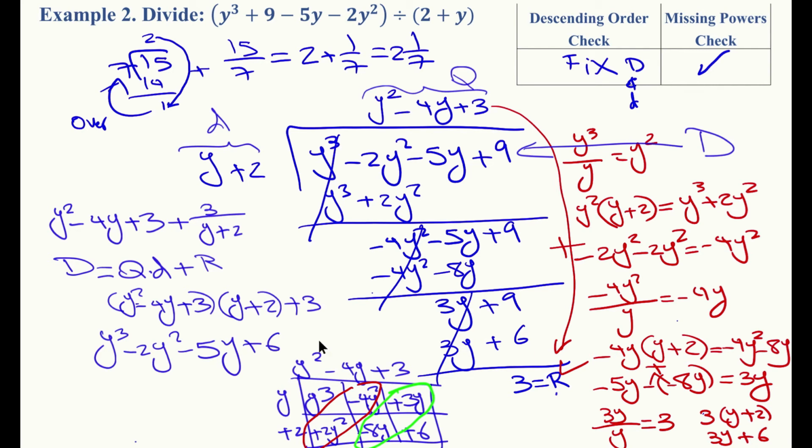And don't forget that we also have a plus 3 right there. So now we end up with y cubed minus 2y squared minus 5y plus 9, which is precisely what the dividend was. And now we have checked and we've done it correctly. So make sure you can handle a problem like this on your own, and then we'll move on to the next problem.